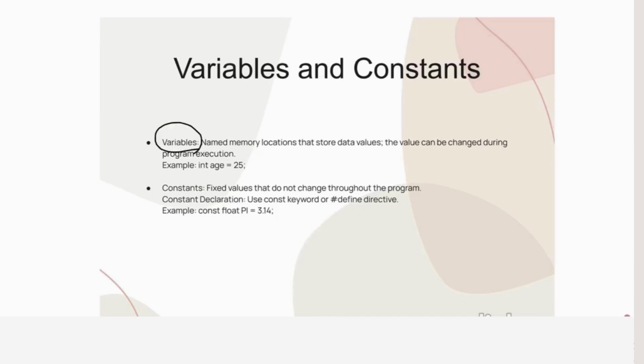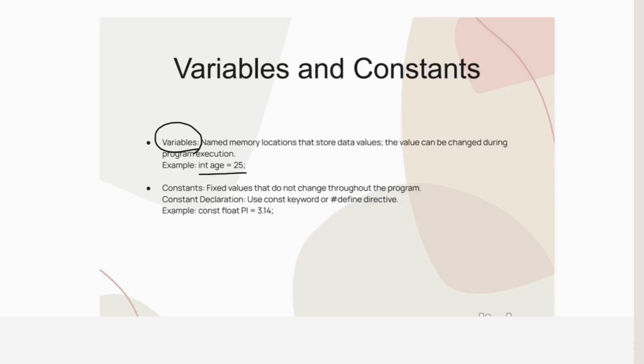A variable is nothing but a named memory location, a name given to a memory location where it will be able to store values as mentioned in the program. Now these values can be initialized at the time of declaration or may be altered during the execution of the program. The value can be changed during program execution.